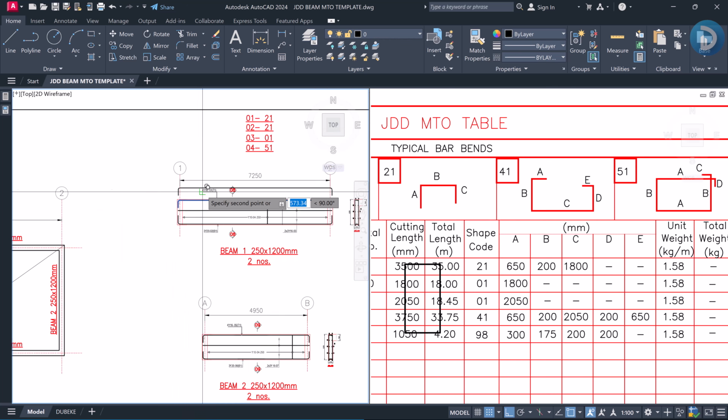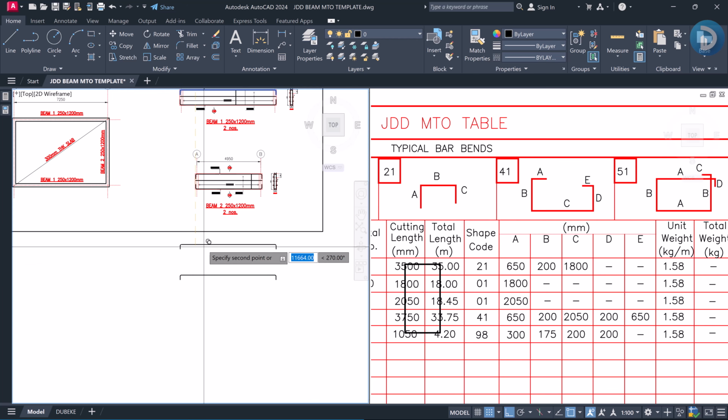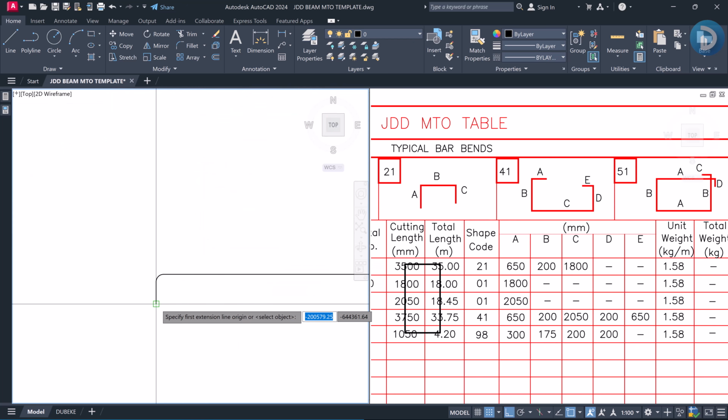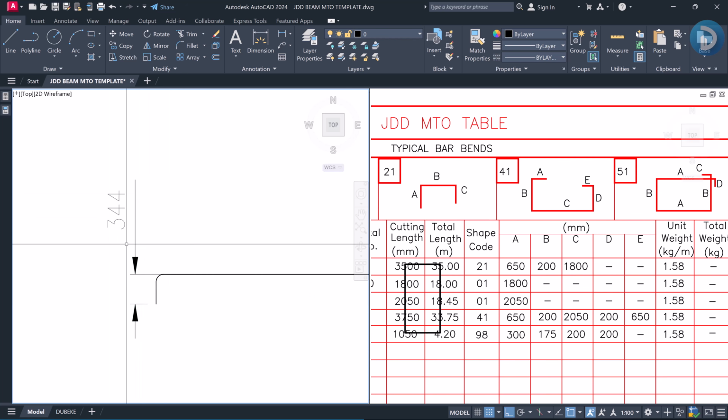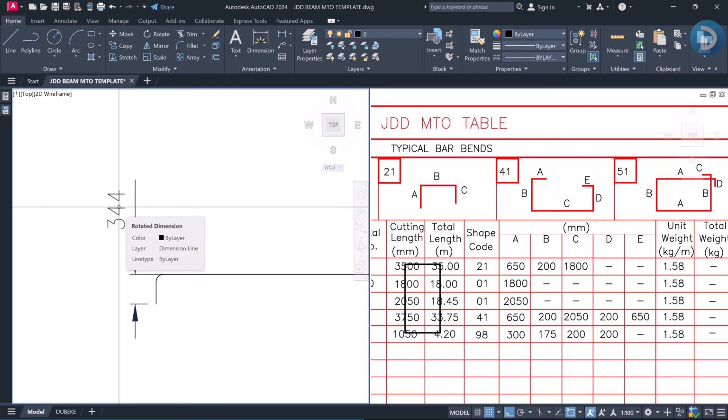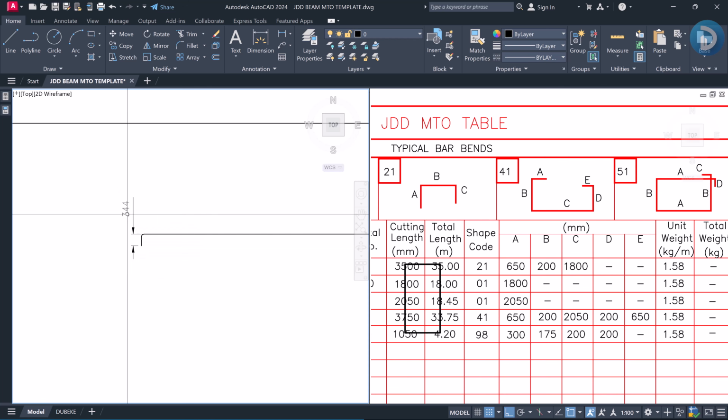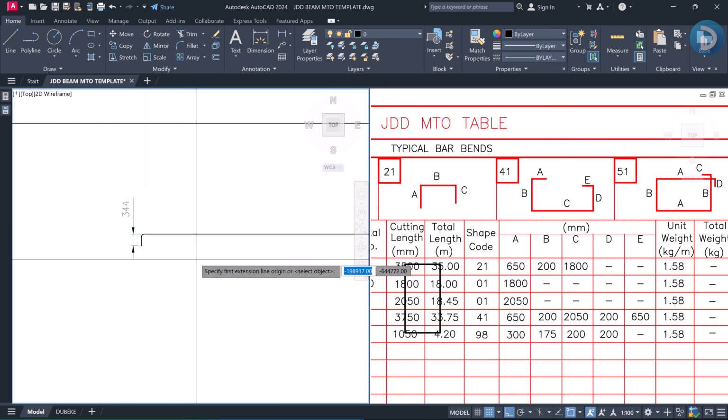We'll copy this from here to this point, and we have to dimension from here down to this part. So we have this to be 344 millimeter, right? So this is the requirement of this specific reinforcement. We have our side A as 344 millimeter, and let's check for the side C.